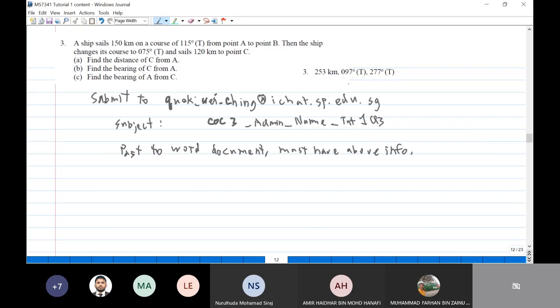Okay, after you work it out on paper already, you take a picture and insert that in the Word document. Okay, you can send it to me.